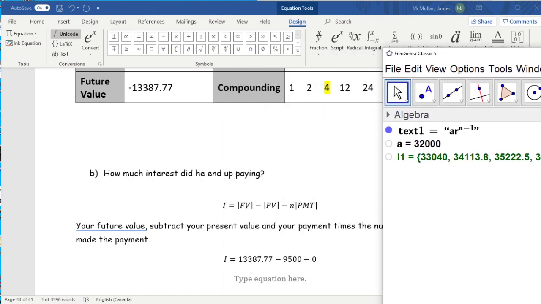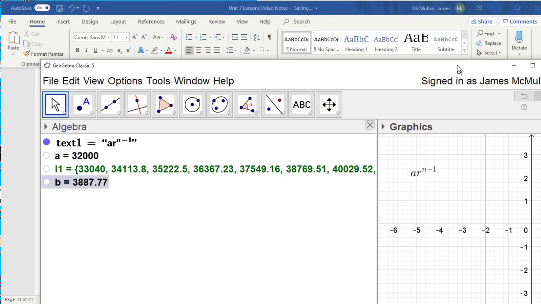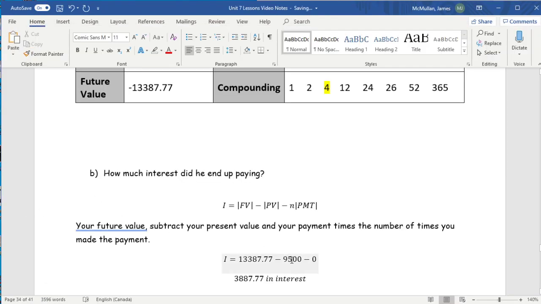So 13,387.77 minus 9,500, 3,887.77 in interest. Right. So all you need to do is think of interest as whatever money didn't come from you. Whatever the difference is between what you actually put in and what you got out has to be the interest. And that's all this formula means.